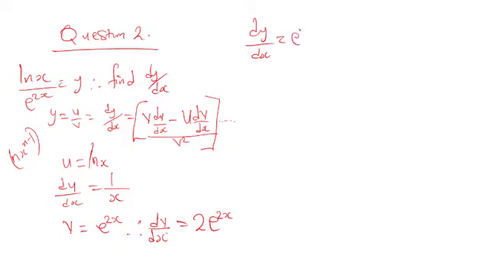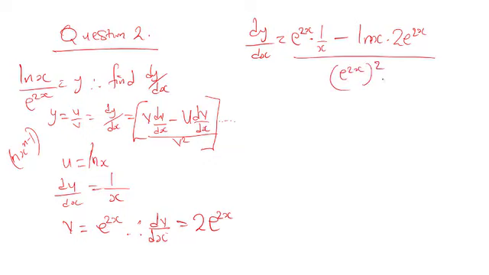Bring it out here: e raised to power 2x times du/dx. du/dx we got 1 over x, times 1 over x, minus our u, which is ln x, and our dv/dx is 2, that is times 2 e raised to power 2x, all over our v, which is e raised to power 2x, all squared.